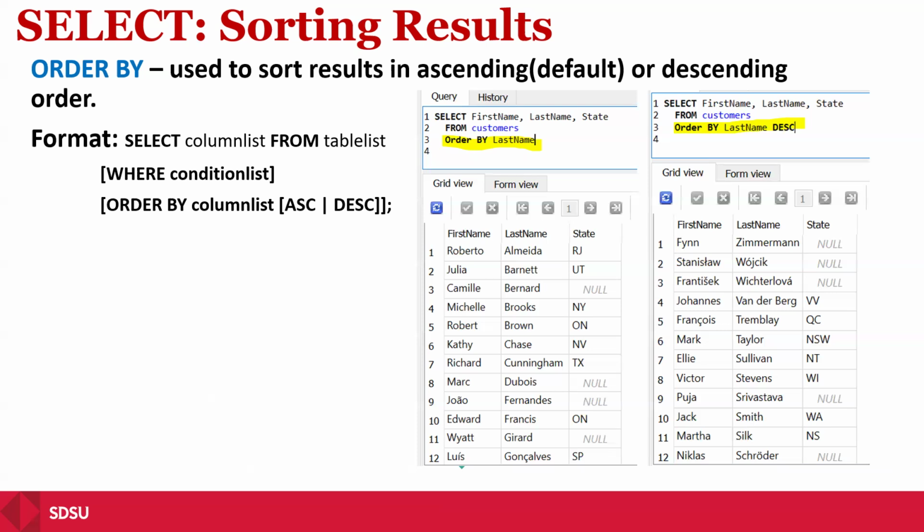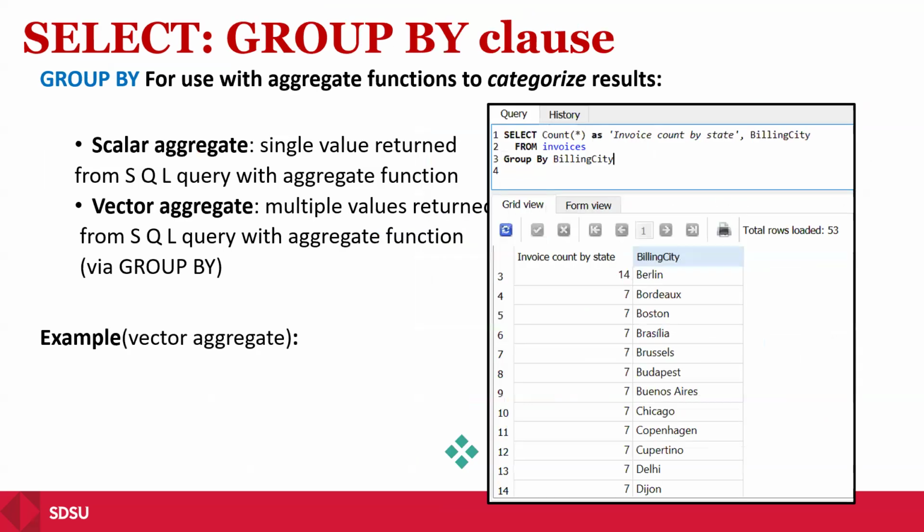The database knows that it's ascending by default, and it's going to sort all the last names alphabetically. When we talk about descending, it's also going to sort the result set, but starting from Z to A, right? Self-explanatory. So the order by clause is used to sort the results.